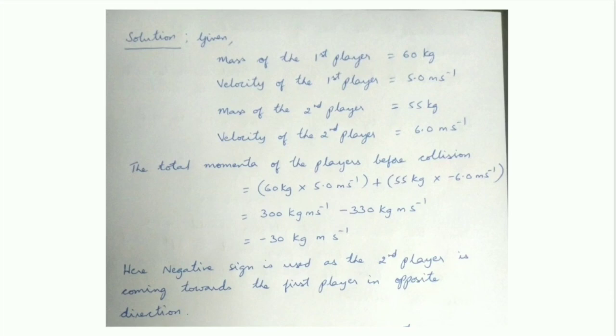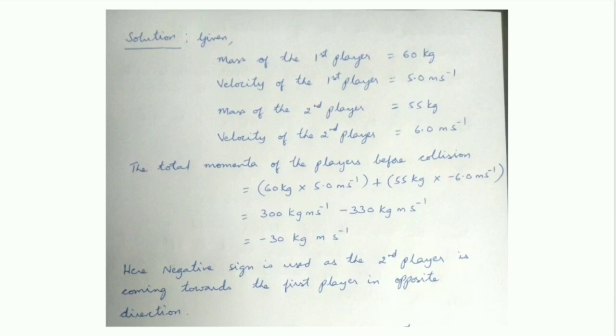That is 60 kg into 5.0 meters per second plus 55 kg into minus 6.0 meters per second, where 60 kg and 5.0 meters per second are the mass and velocity of the first player, whereas 55 kgs and minus 6.0 meters per second are the mass and velocity of the second player.